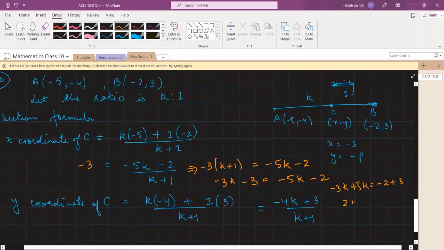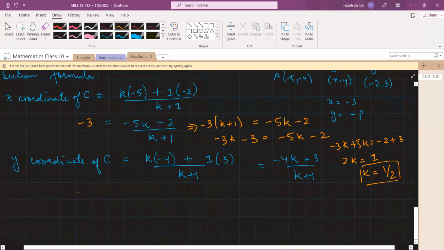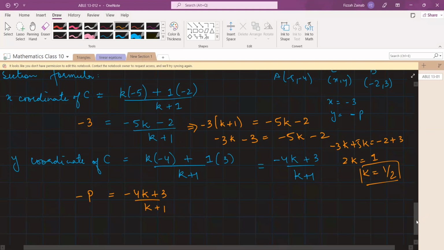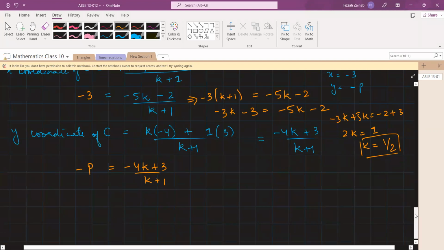So you get 2k is equal to 1, and k is equal to half. So here you have got your k. Now the y coordinate is -p, so -p is equal to (-4k + 3) upon (k + 1). You can substitute k here, right? Ultimately you have to find the ratio.